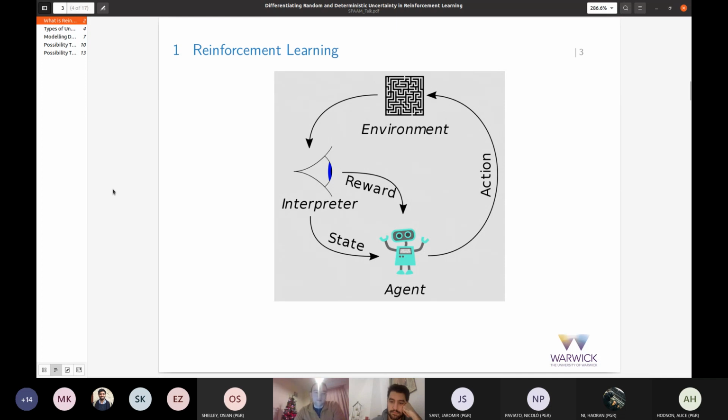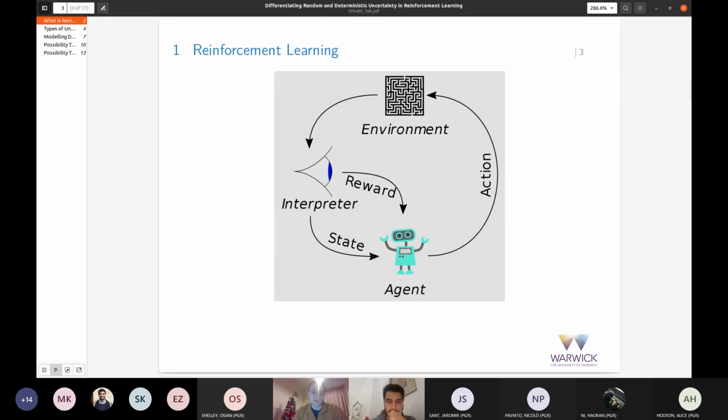And clearly, there's a lot of potential locations for uncertainty in that system, as there are in most reinforcement learning problems. Actions may not have the effect on the environment that you expect. E.g., if you're braking in the rain, then you might take a lot longer to come to a stop than in the dry.